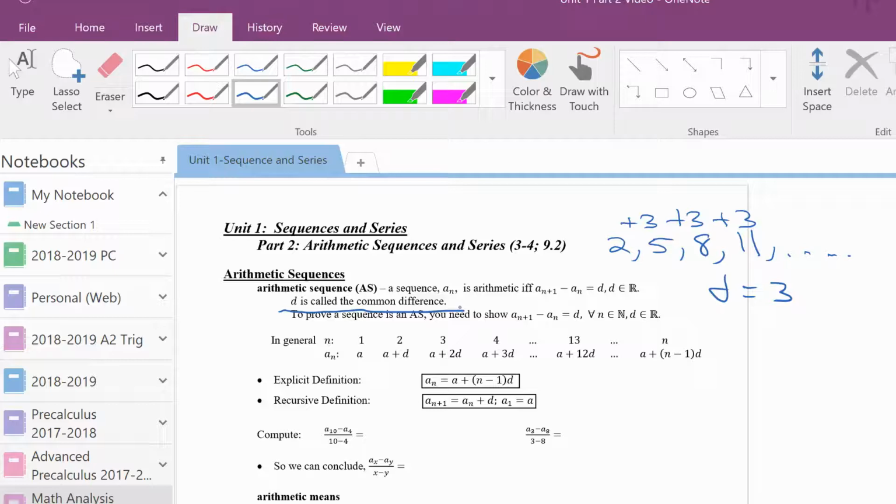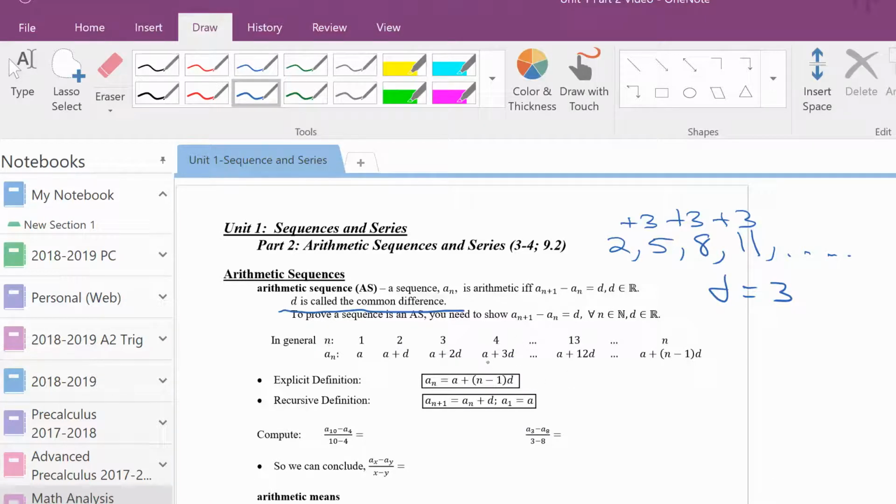You can take the current term and subtract the previous term and get the difference. In general, the first term is equal to a number, we'll call it A. Then the second term is plus d, the third term is plus 2d, and the fourth term is plus 3d.